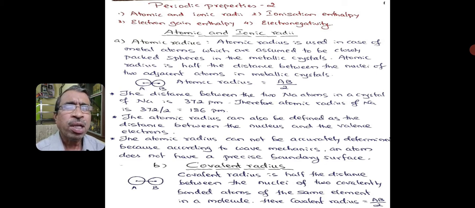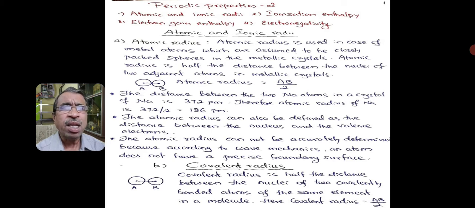Atomic and ionic radii are the two important radii, the radius of the atom and the ion. Along with these two, there are many other radii we come across. So these things we learn one by one.